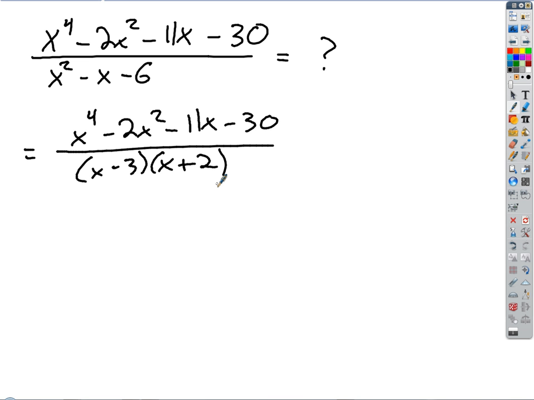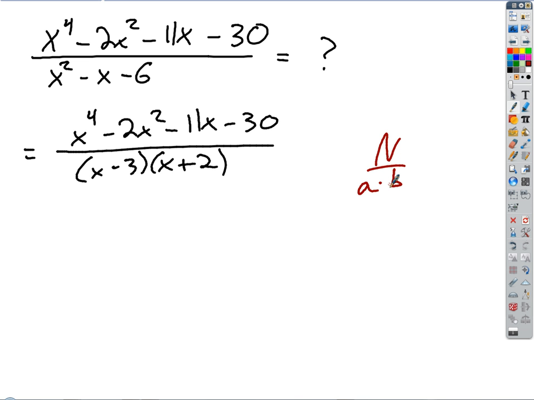Okay, what about this? That looks like kind of a big mess. But what if we look at a little simpler situation? What if we had some numerator, let's just call it n, divided by a times b? There are 3 factors written there, aren't there? There's n, a, and b.